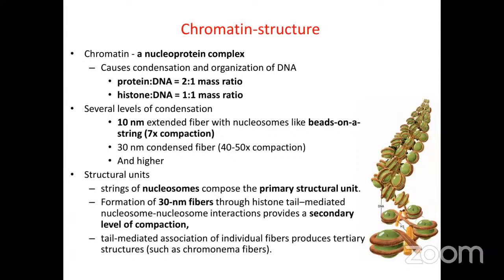Okay, so we are talking about chromatin. There are several levels of condensation. As I told you, the chromosome is the very fine structure of that chromatin, and there are various levels of condensation of that chromatin. First, the 10 nanometer nucleosome, the beads on string model.